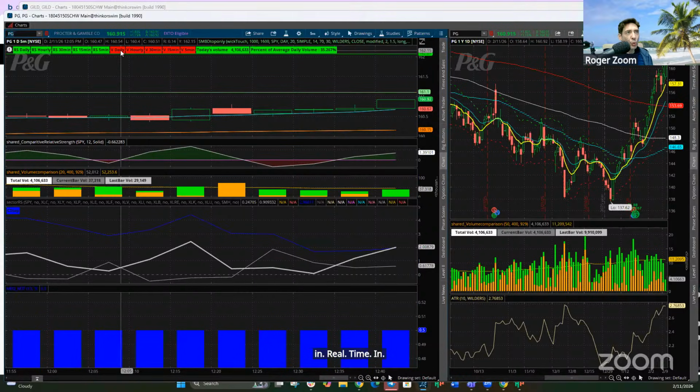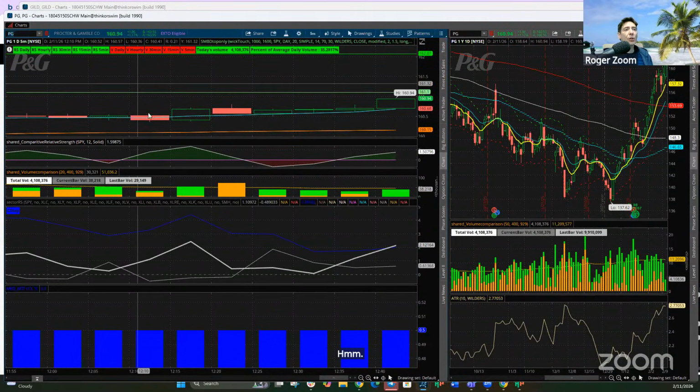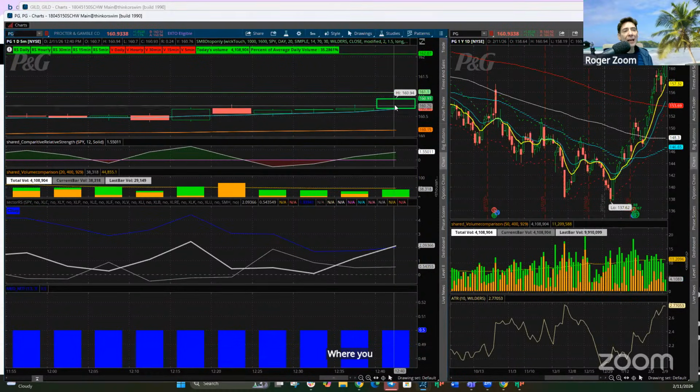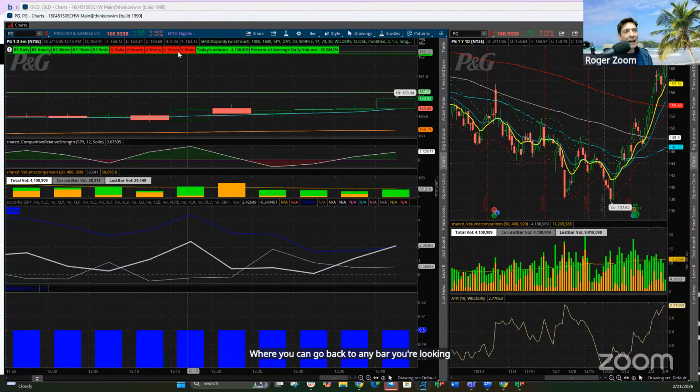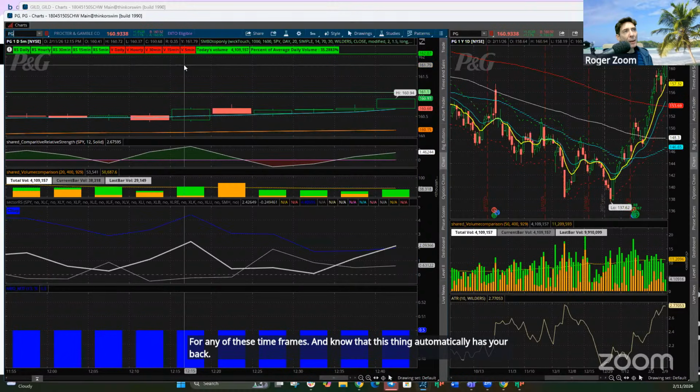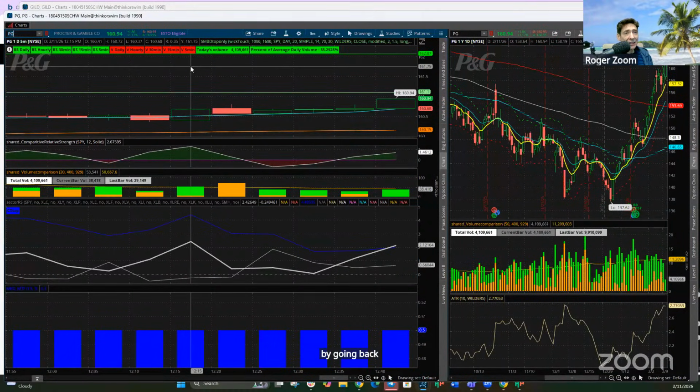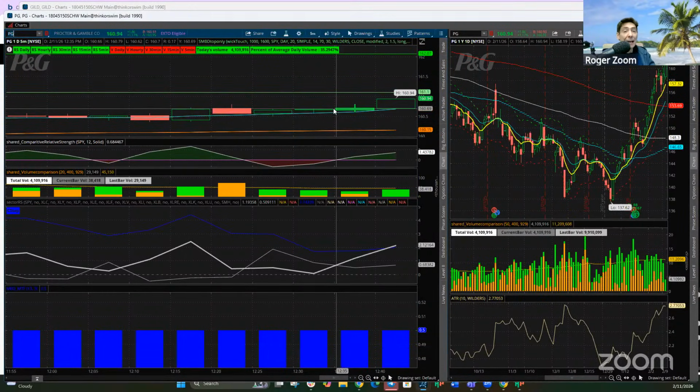In real time. Wouldn't you love to have a tool that does that for you, where you can go back to any bar you're looking at for any of these time frames and know that this thing automatically has your back by going back 20 days at the exact same time?